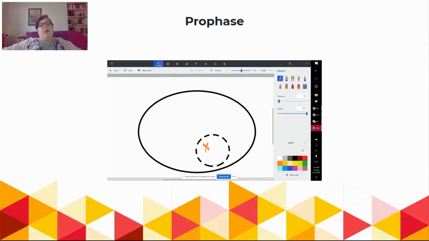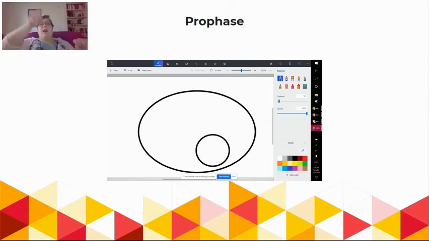When you see those commercials on TV for various genetic testing services, you see shapes like the ones that are appearing on your screen. These are chromosomes. So that X-shaped structure is one chromosome.